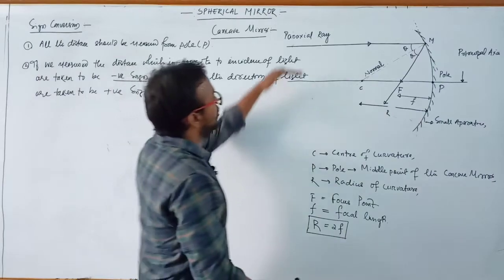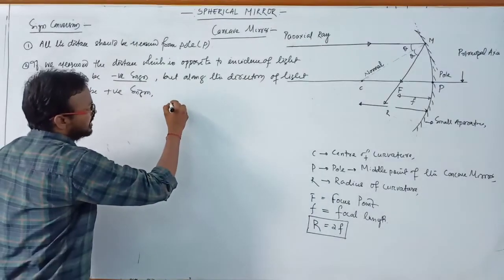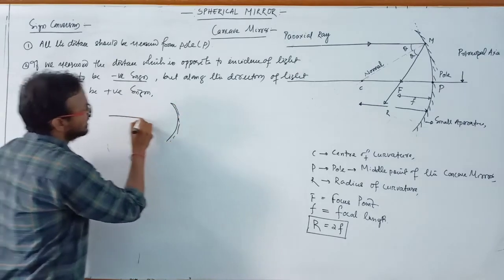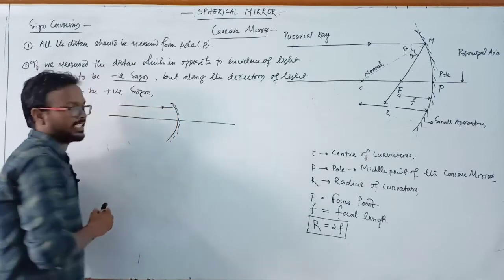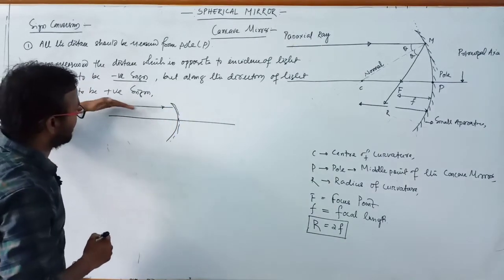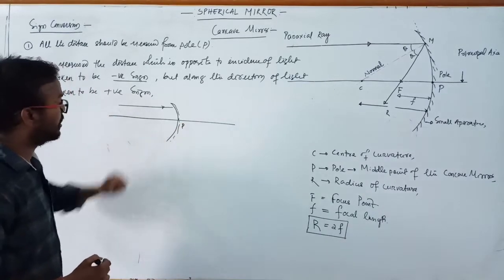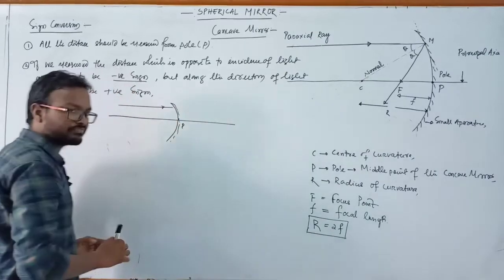Clear? Suppose we have a concave mirror here, this is the principal axis, and this is the direction of the incident ray, left to right. This point is the focus, this is the pole, and all distances are measured from this pole.